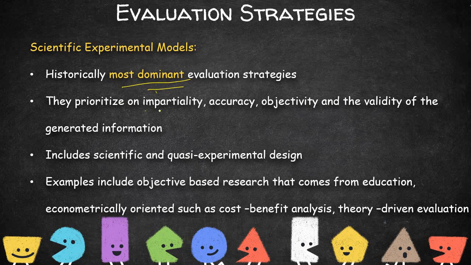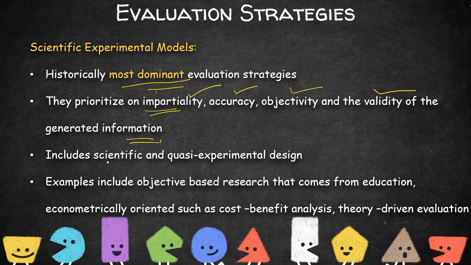They focus on impartiality, accuracy, objectivity, and validity of the generated information. So whatever information is coming your way, this is what you have to evaluate upon. The evaluation strategy, how we are going to evaluate information, should be impartial, accurate, objective, and valid. All these things help you to evaluate.